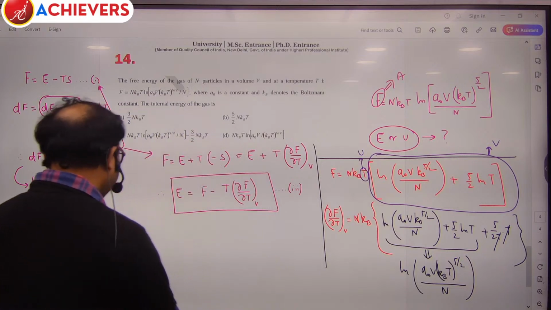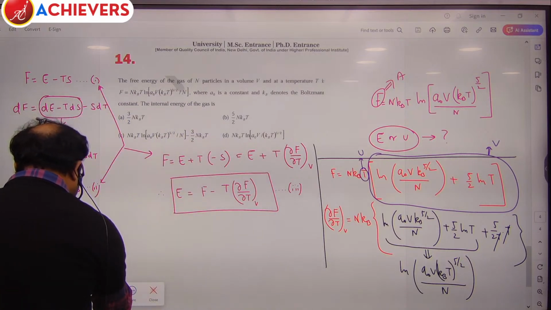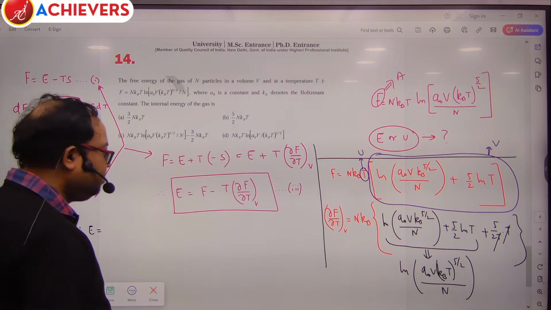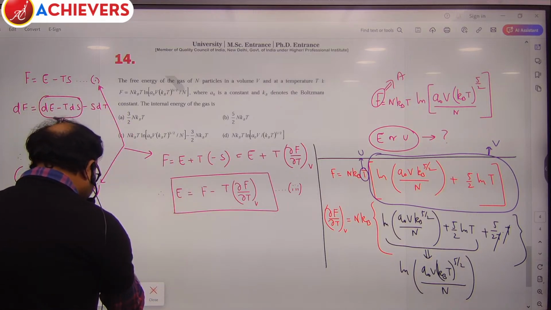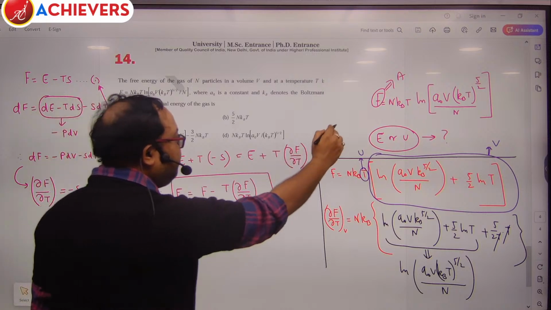Now let us substitute the values. Therefore E equal to F. What is the value of F?